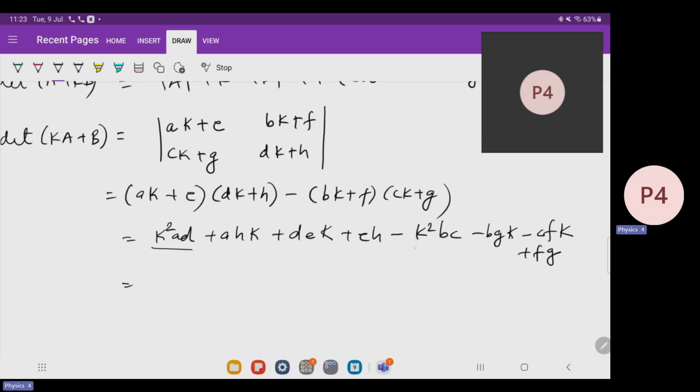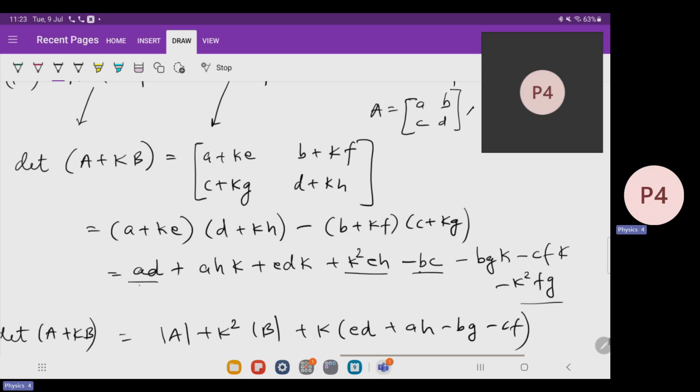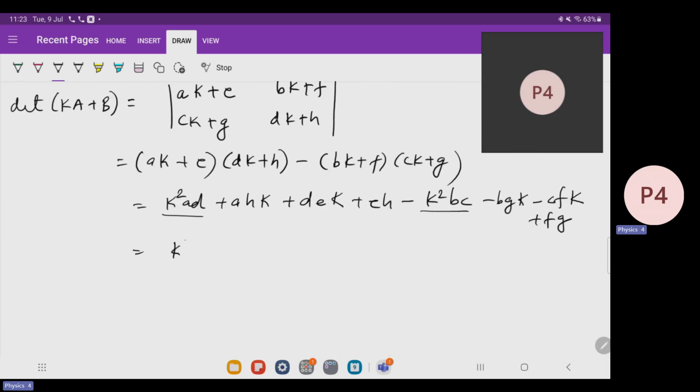So you have K square times AD minus BC. So that is K square times determinant of A, and you have EH minus FG. That would be determinant of B plus K times AH plus DE minus BG minus CF.